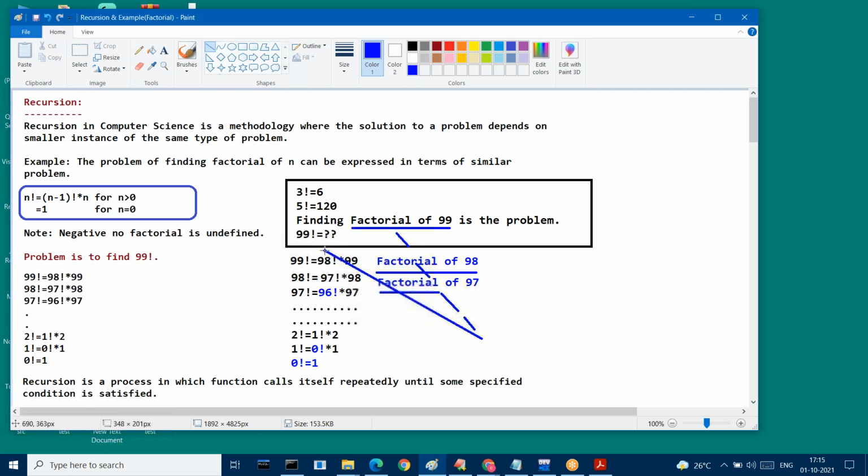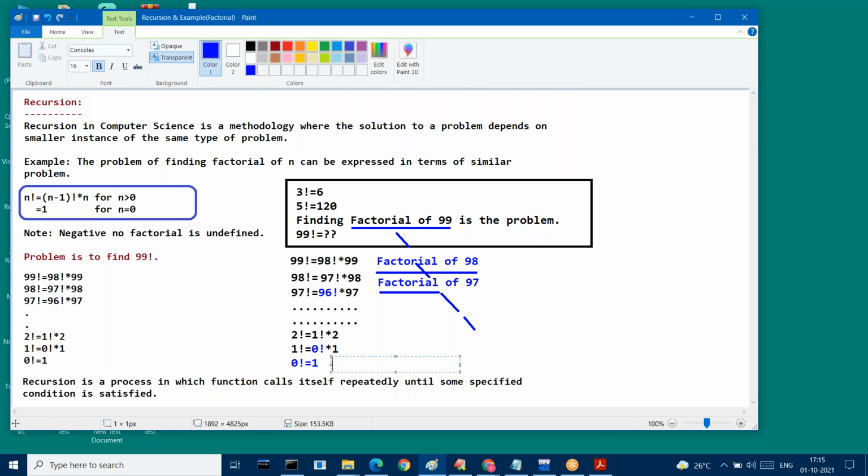That means one day this calling, 99 calling 98, 98 calling 97, 97 calling 96, will be stopped. That stopping condition in recursion terminology is called the base condition, or some people call it the stopping condition.